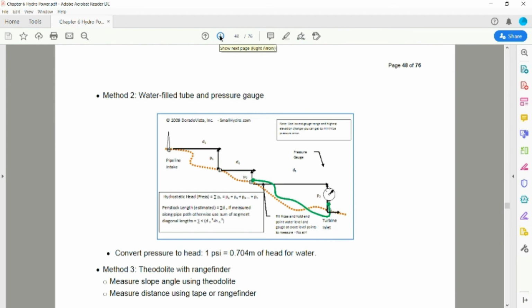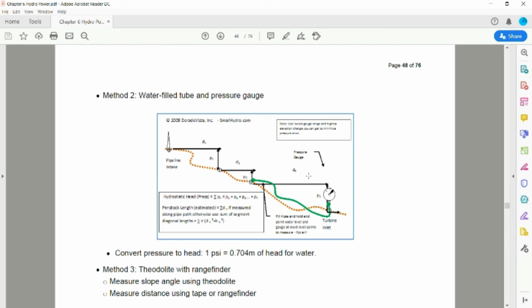Method 2 is by using a water filled tube and pressure gauge. So using a pressure gauge for each point. Example here, from point number 2 to point number 3, you put the pressure gauge. This is the intake of the pipeline and this is the turbine inlet.